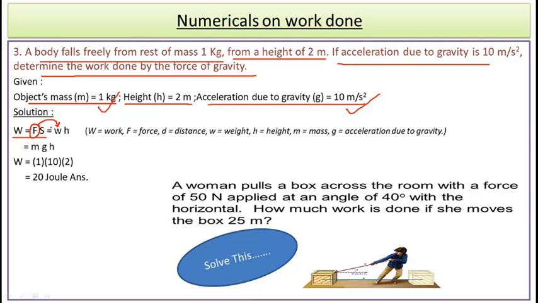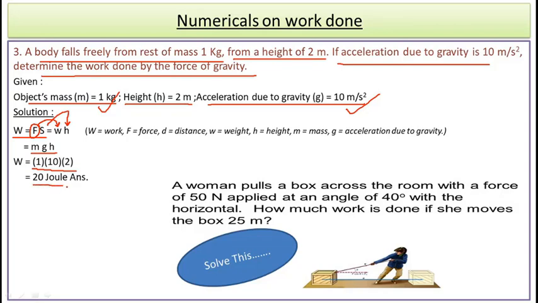The displacement of the body will be taken as the height, as I discussed earlier: when work is done against gravity, the height till which the object is lifted, or the height from where the object is falling, is considered the displacement. I hope it will be easy for you to do the calculation. Just place the quantities as mgh with their numerical values, and at the end you will get your answer.